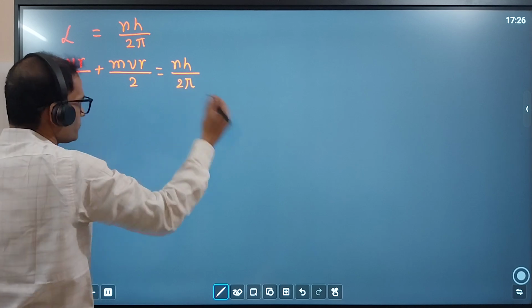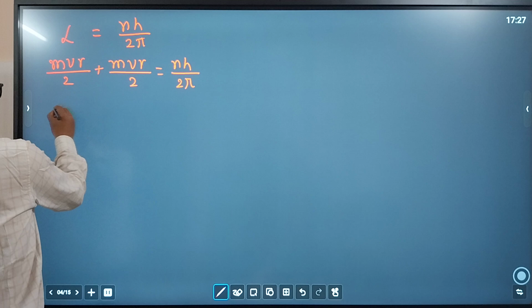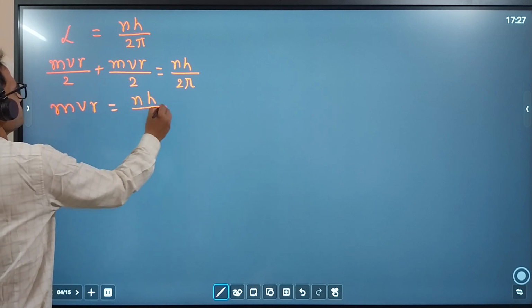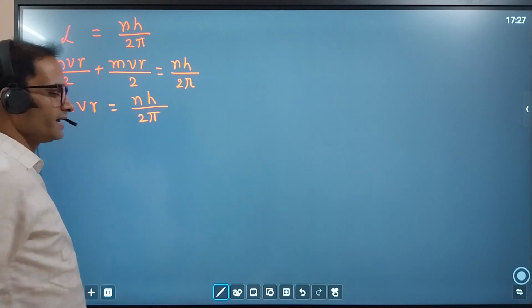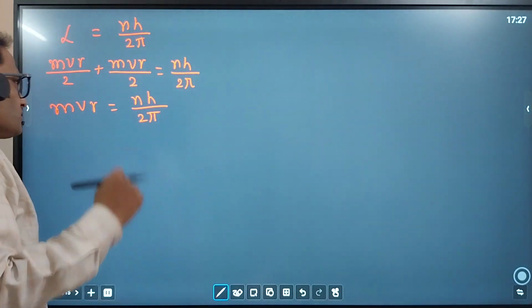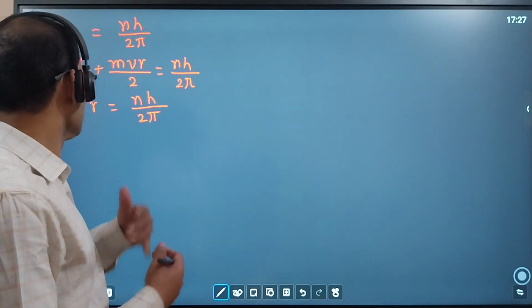n here is 1, but let us write it. So one formula we already got, and it is similar to what we had in Bohr's model, right? Now we need another formula, because we have two unknowns, v and r, which we don't know.